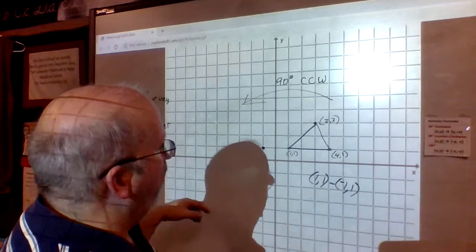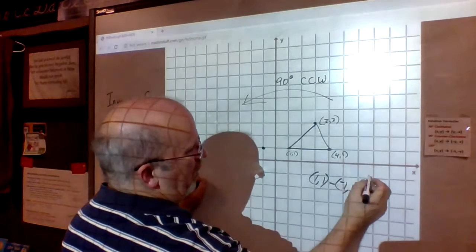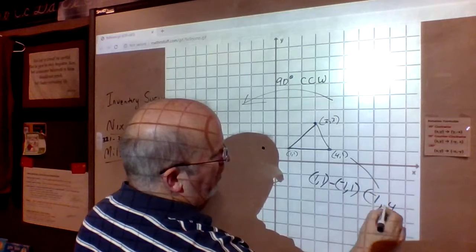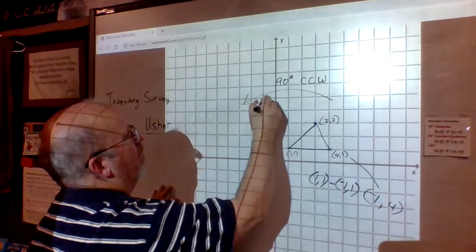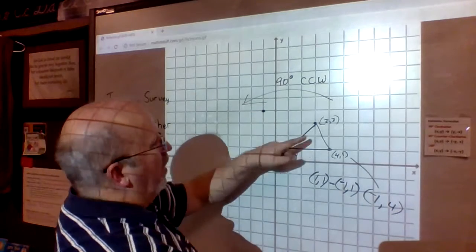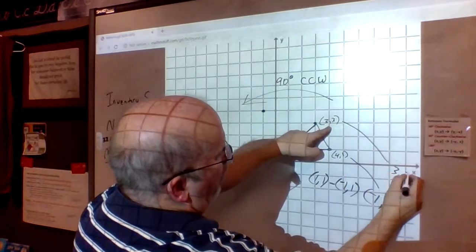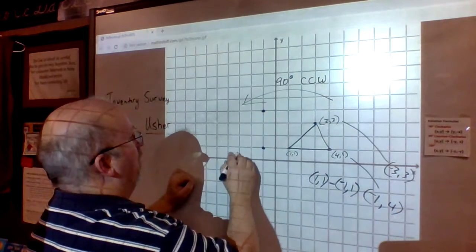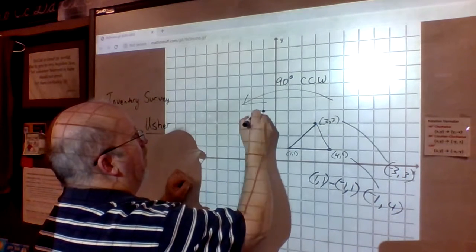We'll do it for all the other dots. This would become, what, 1, 4, but we make the y its opposite. -1, 4 would be, let's see, right here. And this dot would become 3, 3, but we make the y its opposite. So we get -3, 3, which would be right here.